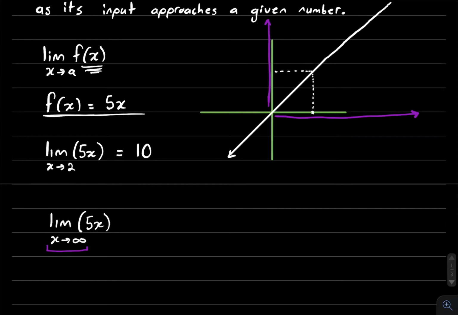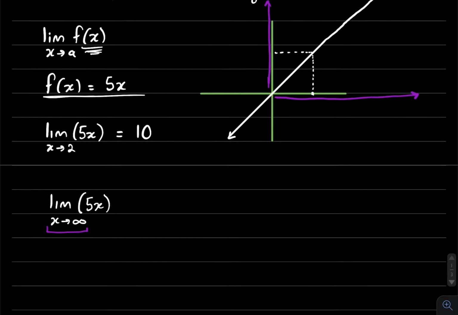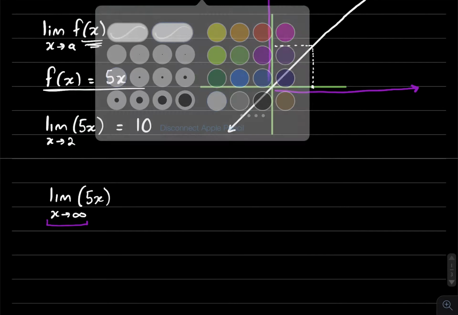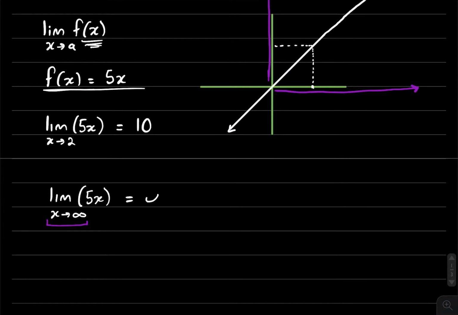It's not slowing down, it's not going backwards and becoming smaller again. As x gets bigger, 5x or f of x gets bigger. So we would say that this limit is equal to infinity, because as x is going to infinity, 5x also goes to infinity.